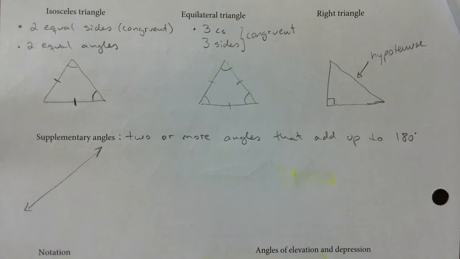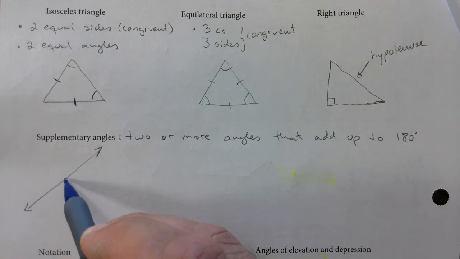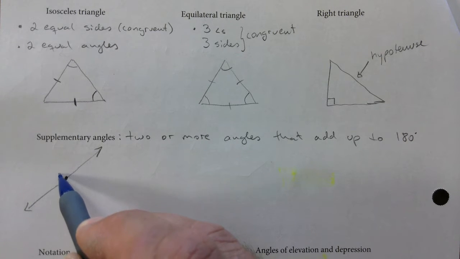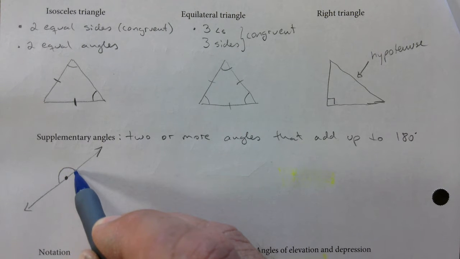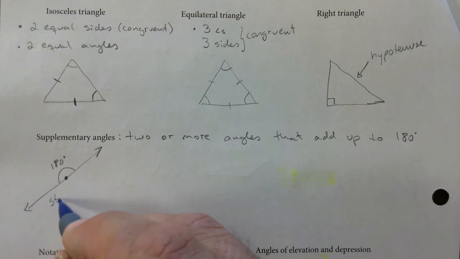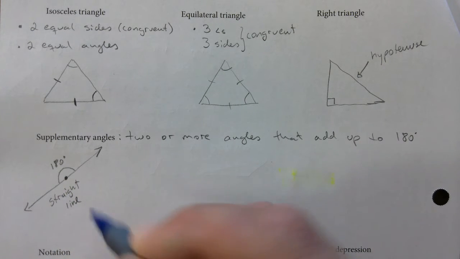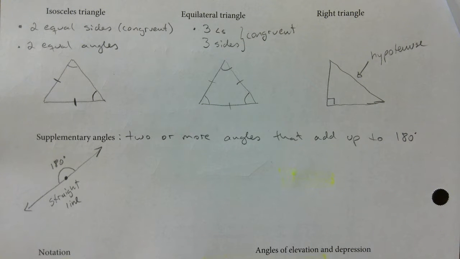If you have a straight line and you pick any point on that line, so I will pick the middle here, right? And if you were to measure the opening from this side all the way to the other side, that is 180 degrees, right? A straight line. So a straight line has 180 degrees, so that's just the way it is.